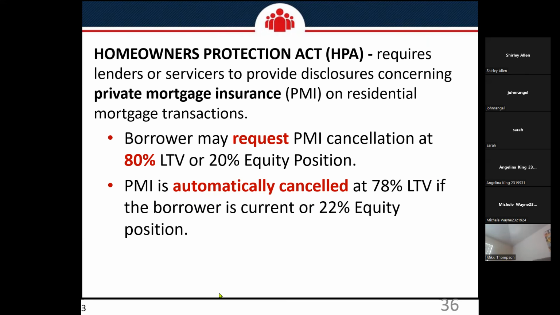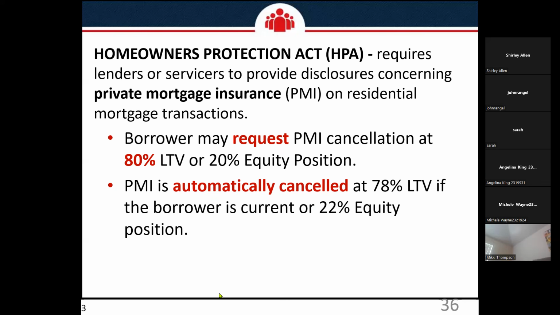It requires the lenders or servicers to provide disclosures concerning the private mortgage insurance on residential mortgage transactions. Borrowers want it off. It's an additional amount that's added into the mortgage payment every month. So the borrower may request the cancellation of the PMI when the loan to value is at 80% or they have 20% equity invested in the property.